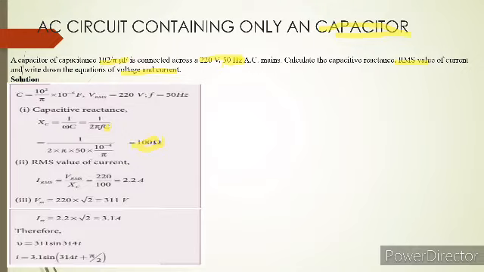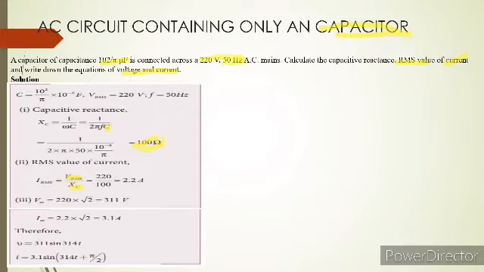Now let us find out the RMS value. They have asked us to find out the RMS value of current. So IRMS is equal to VRMS by XC, the RMS value of voltage divided by the capacitive reactance.